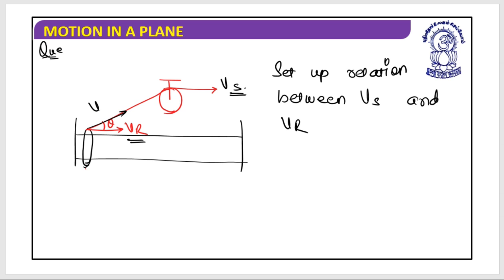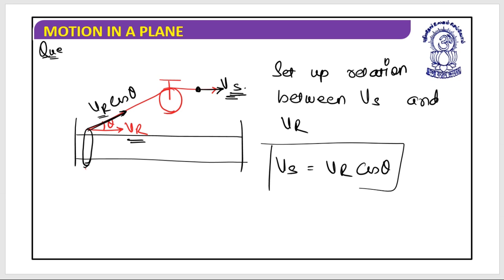If I take this component, it's Vr cos theta. While I am going to pull in this direction, the string moves in this direction. So this is Vs and this is Vr cos theta, both on the same string. And as both are on the same string, Vs equals Vr cos theta. That's it, you did it.